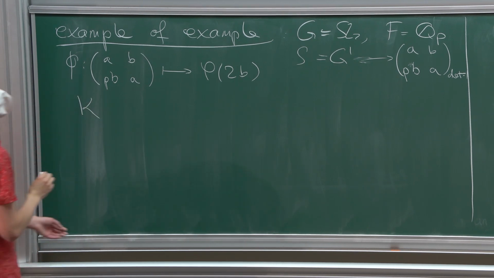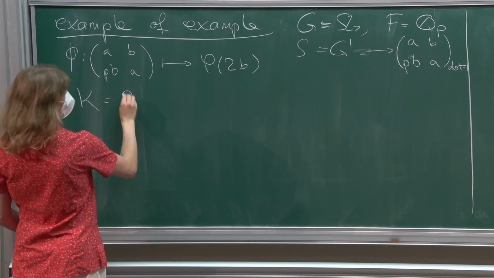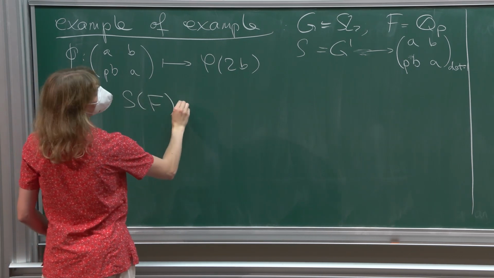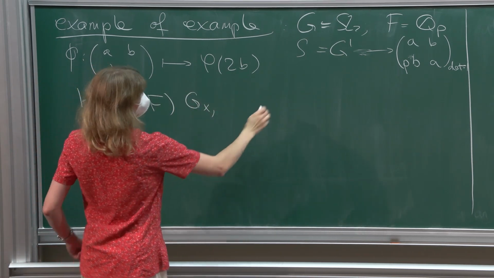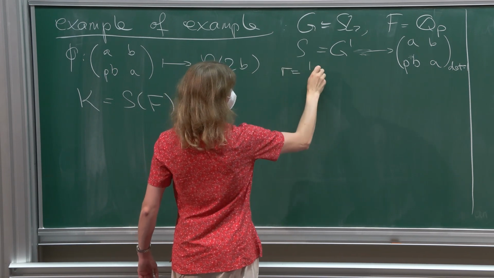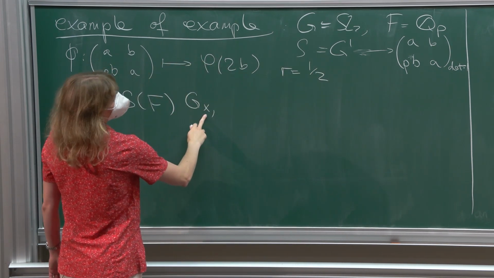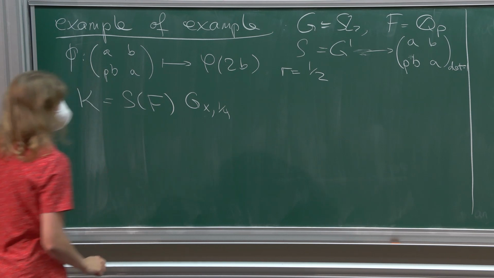So what is K in that case? K, as I said, is S(F) times G_{x,r/2}. In that case r is 1/2 the depth, so I have to take here depth 1/4.